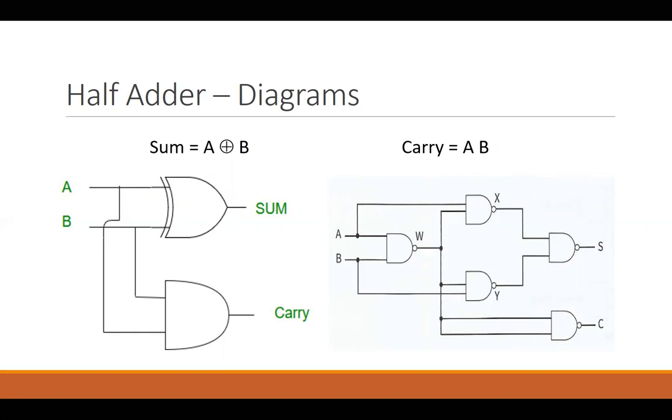So we just replaced the XOR part and the AND part with NAND gates, and basically this NAND is the representation we like to physically have in our computers.